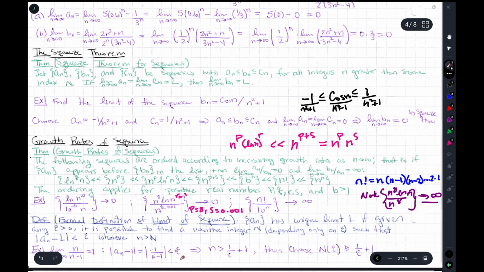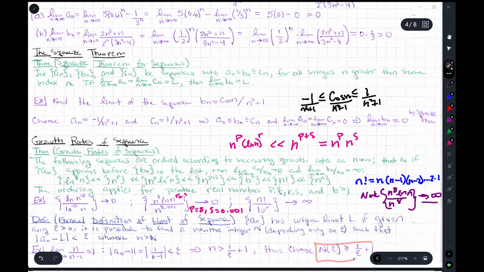We're going to impose that difference is less than epsilon. Now the goal is to see how large n has to be if this is true. We'll take the reciprocal, which flips the inequality, and move that 1 to the other side, and we get that n needs to be strictly greater than 1 over epsilon plus 1.